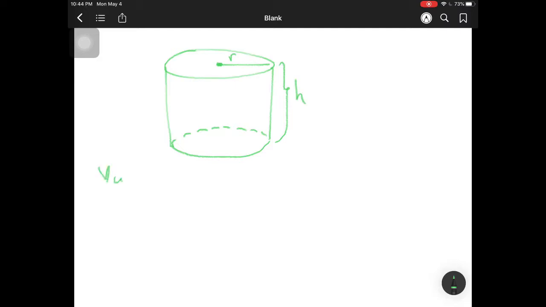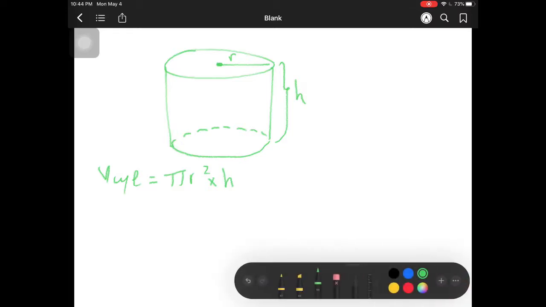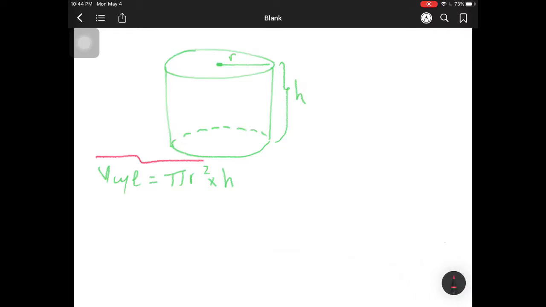The volume of a cylinder is the area of the base, pi r squared, multiplied by the height. This also you don't need to memorize because it's given to you in the test. So make sure, as I said, you turn in your book to page 529 and you check all the formulas that are given to you so that you don't have to memorize it.